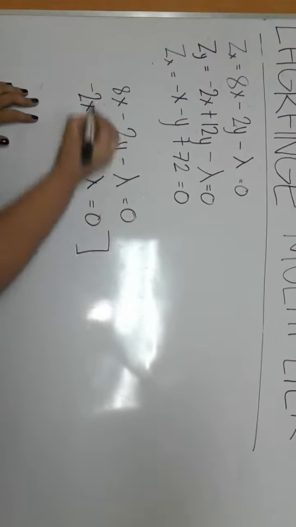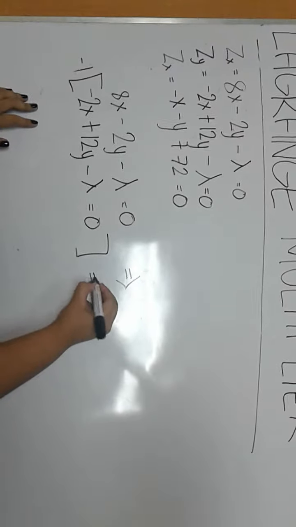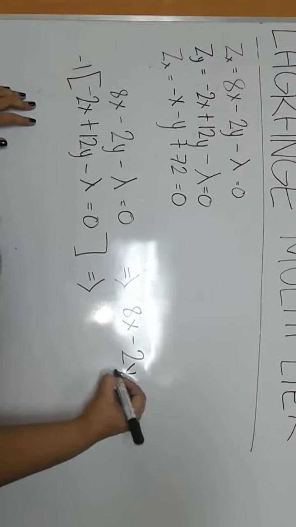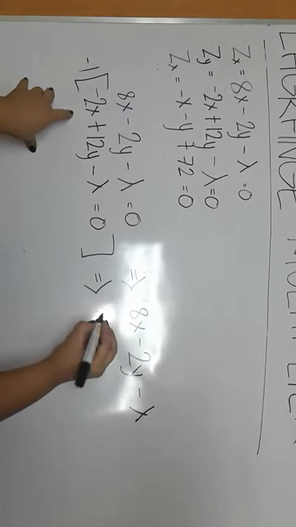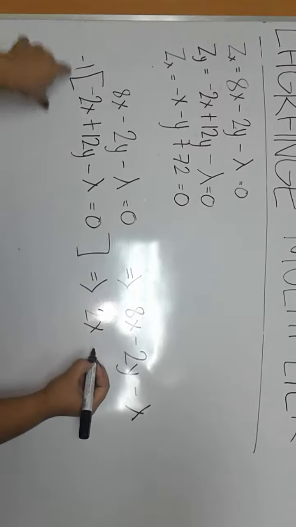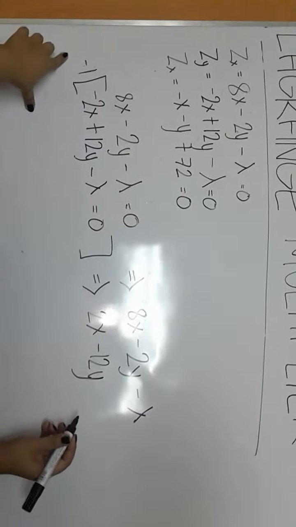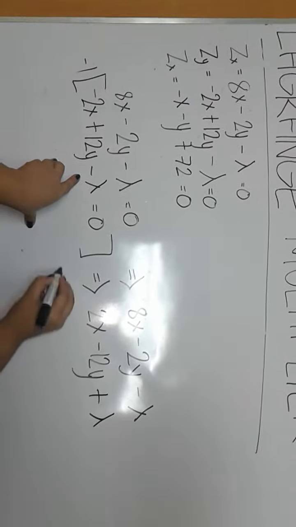So we will multiply it by negative 1. So copy this one, 8x minus 2y minus lambda. So negative 1 times negative 2x is 2x. Negative 1 times 12y is negative 12y. And negative 1 times negative lambda is positive lambda.